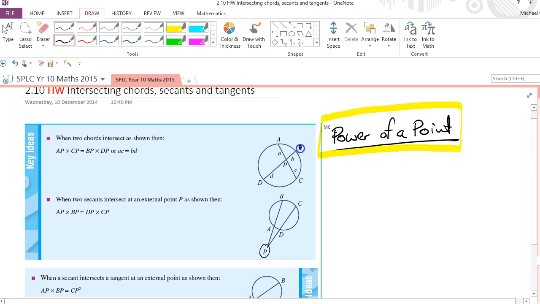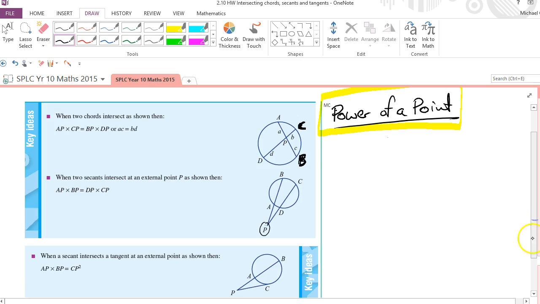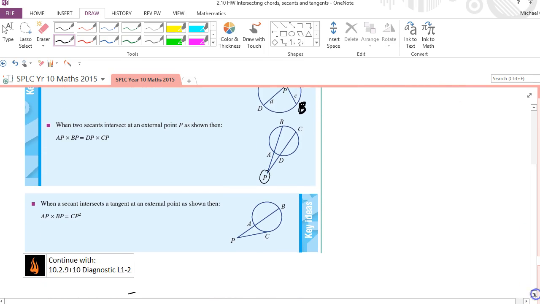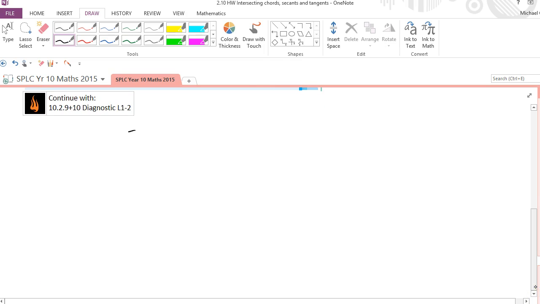So ideally, this one, I would have the chord AB, or the secant AB, and this chord I'm going to call CD. And you'll see why. It doesn't really change. The theorem is still these two sections are going to multiply and those two sections are going to multiply. But I want to use the one terminology to cover both situations, and it'll make your life easier. So we're going to go down here and have a little proof of why that must work.